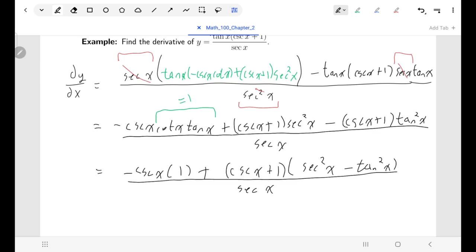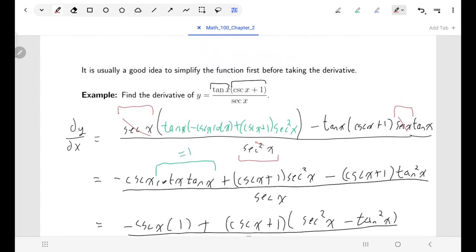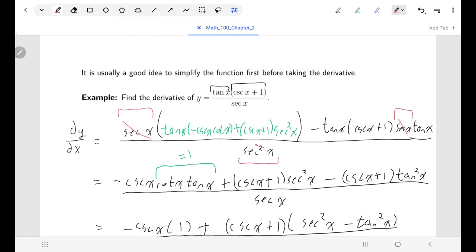Okay, so let's see, where else do we go from here? You might be looking at that secant squared minus tangent squared and having some Pythagorean identity thoughts. And so let's have a little moment upstairs and remind ourselves the identity you're probably remembering is tangent squared plus 1 is equal to secant squared. But of course, if you were to rewrite that, moving the tangent squared to the other side, you would have that secant squared minus tangent squared is equal to 1.